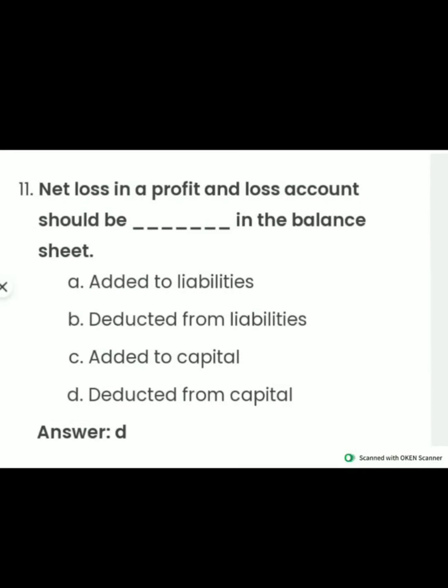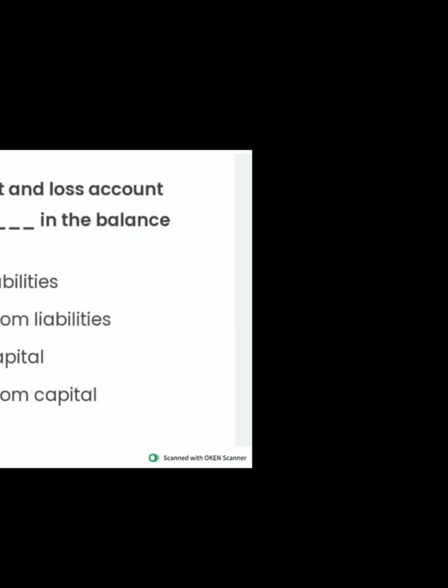The next question. Suppose when the P&L account is closed the result is a net loss. Net loss should be dash in the balance sheet. It is carried forward to the balance sheet under reserves and surplus as a negative, so it should be deducted from capital while preparing the balance sheet.